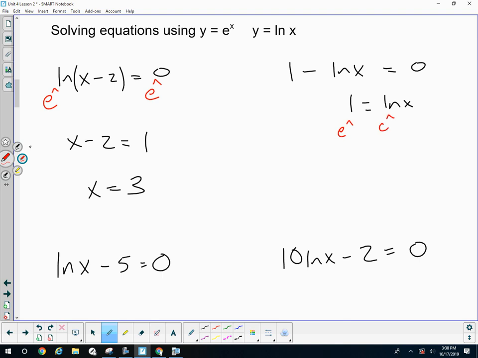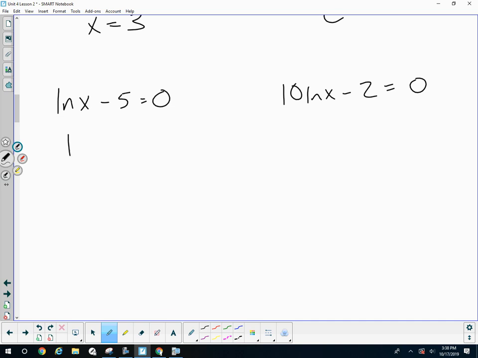All right, finish off with the last two. x equals e in this situation. e to the first is e. Get e to the 5th and e to the 1/5.